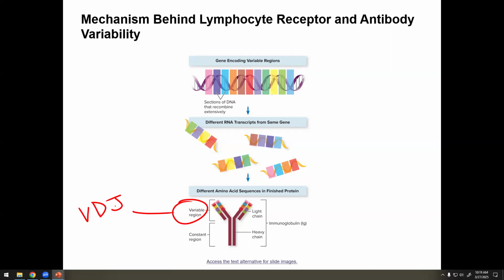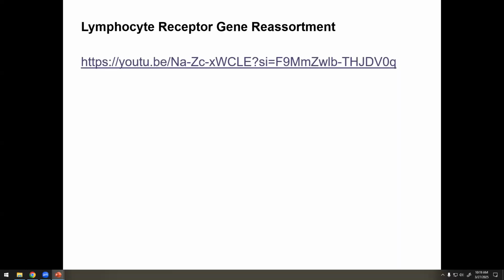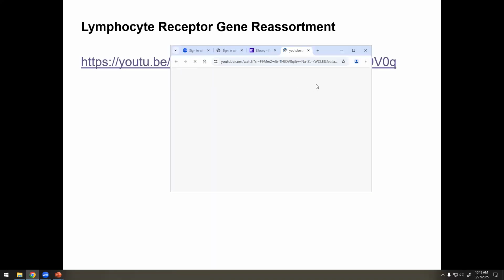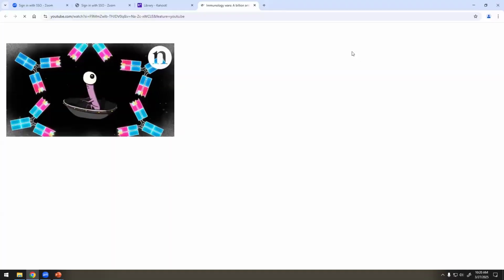Your cells will literally just remove or add random nucleotides, resulting in different amino acids, to create variability. So there's gene editing going on in each of your lymphocytes to increase our ability to interact with diversity. I have a little short video that will summarize that. Hopefully it will play and not be janky like it was before.